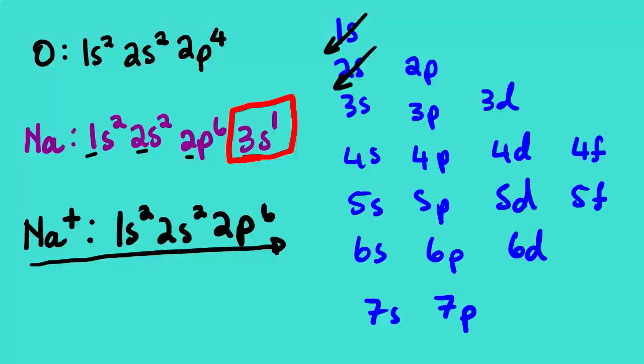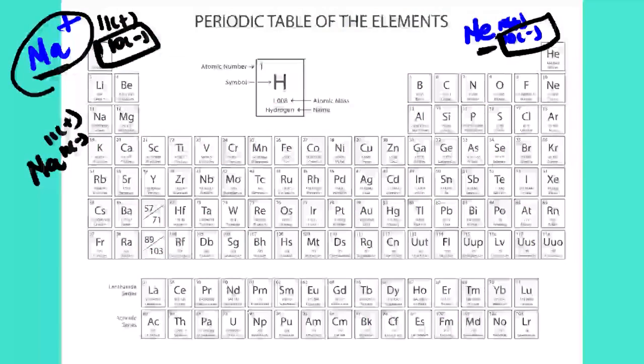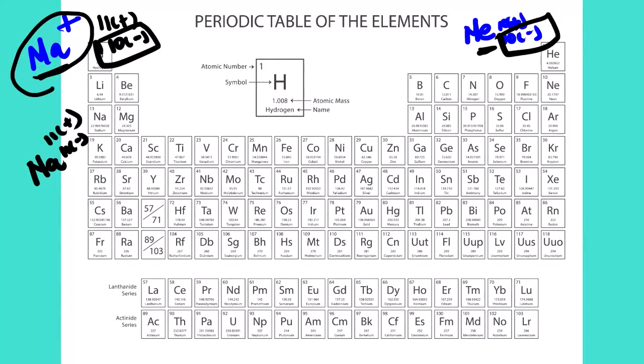Looking at this, we can check a noble gas that consists of any piece or any part of this electron configuration. And by looking at the periodic table, we can easily tell, because we know very well that our sodium ion is no longer here, it's actually here.